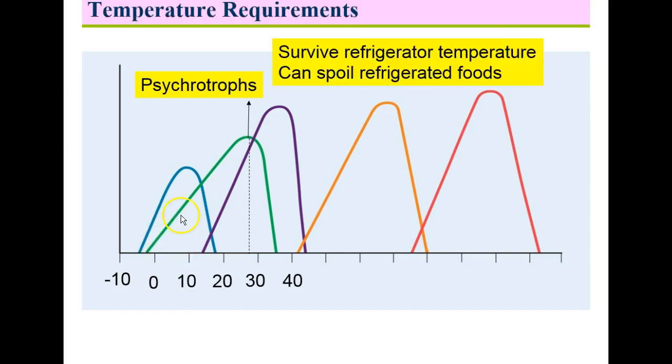These are the types of organisms that survive and spoil refrigerated foods. The optimum temperature of psychrotrophs is around 27 degrees centigrade, which is a little warmer than room temperature. So these organisms prefer room temperature, but they can survive refrigerator temperatures and can spoil refrigerated foods.